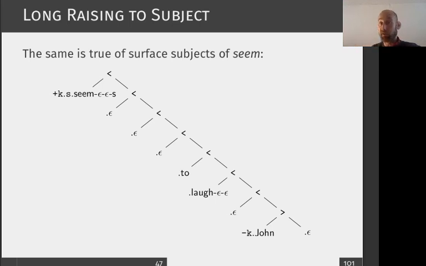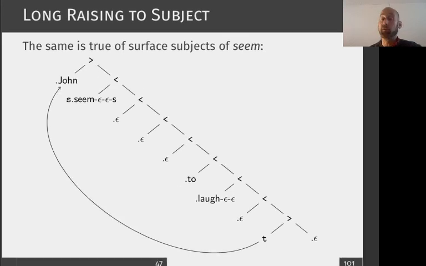The laugh John merged with to, and then the seem is merged with to as well. John has a minus k feature. That seem guy has a plus k feature. Oh, that's wonderful. A match made in heaven. John moves up there, and we have a complete structure. It only has one feature, and that is a category feature at the head of the root. And it's pronounced John seems to laugh. Yay. Okay.